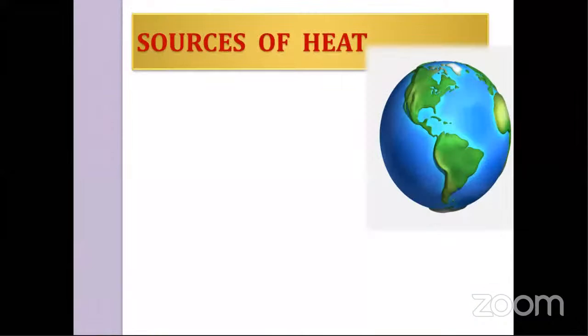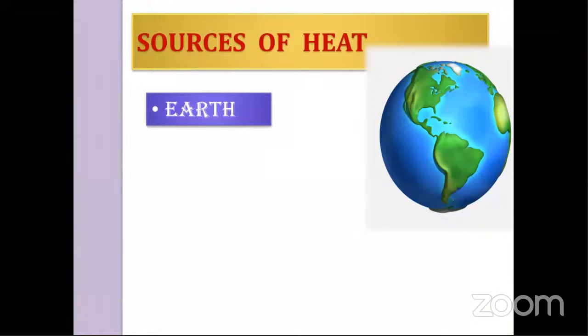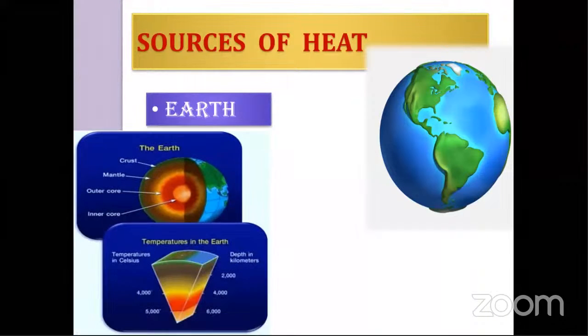The next source of heat is the earth. As the temperature at the center of the earth is high, the earth is also a source of heat. This heat is called geothermal energy. Students, you can observe the picture on the screen.